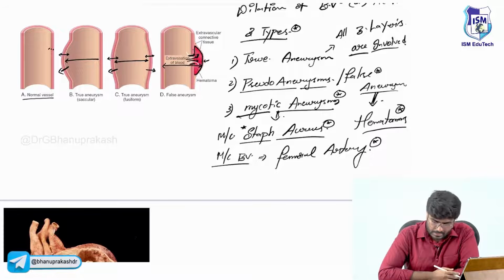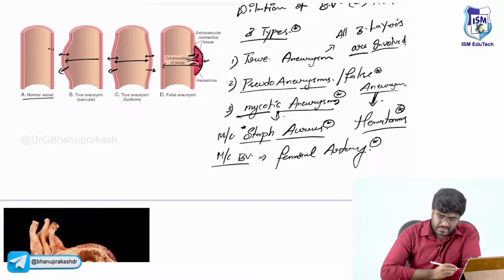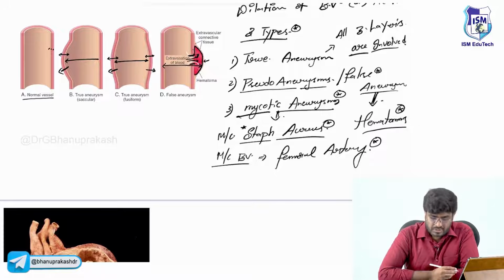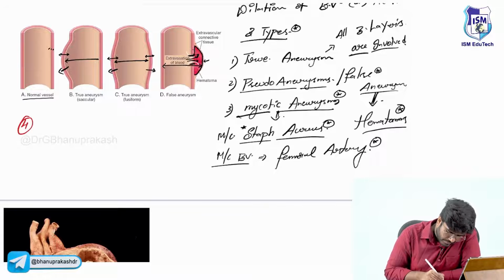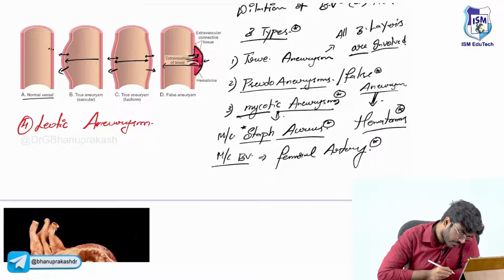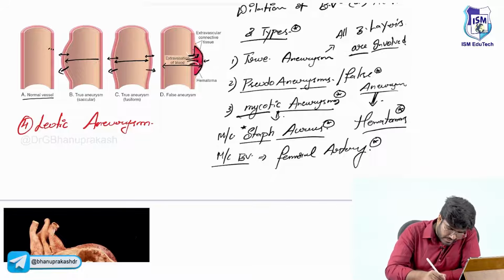Okay, femoral artery. Now, apart from true aneurysm, pseudoaneurysm and mycotic aneurysm, I want you to know a little high yielding thing. There is one more aneurysm which is called the lytic aneurysm. Bacteria, not the fungus, bacteria.